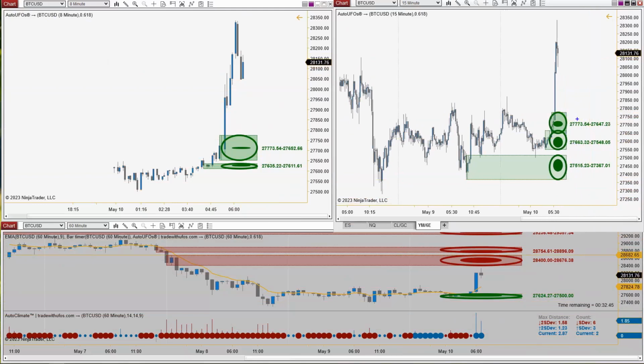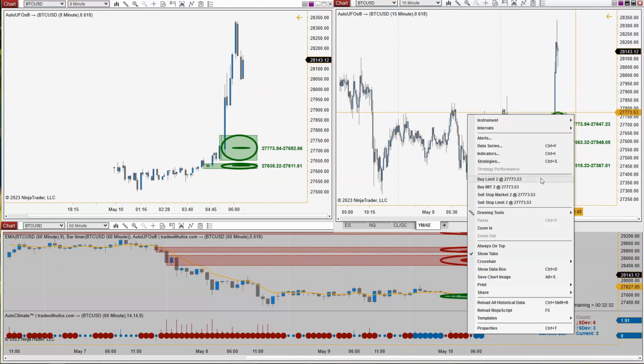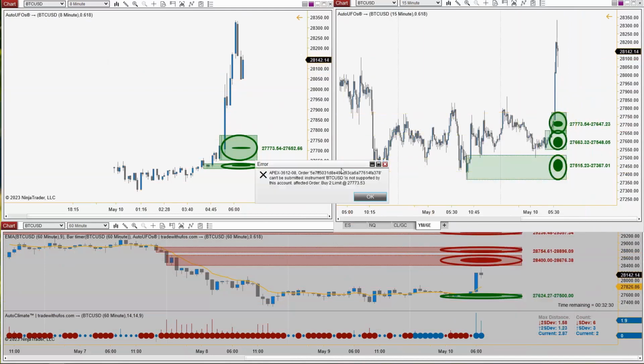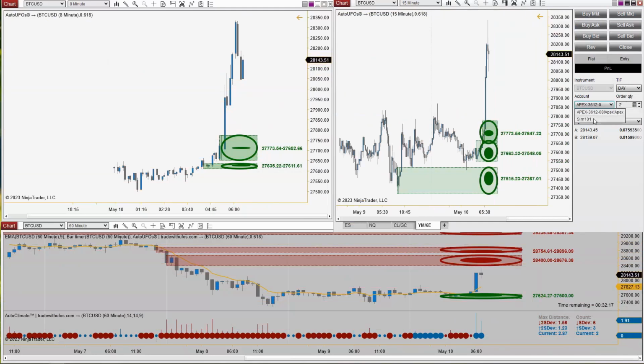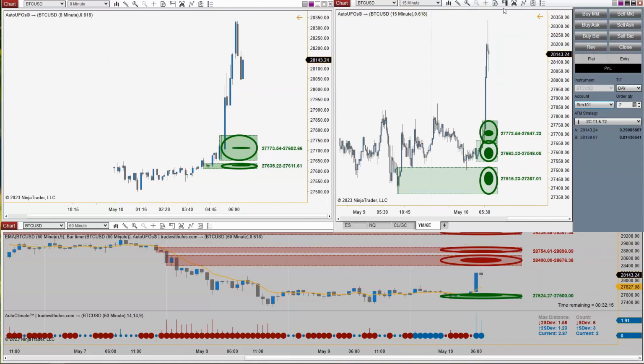So what we would do is we would actually put in a trade right here at the top of this UFO. We could plan this trade, but I don't think it's going to let me execute. Yeah, I'll have to change it to the SIM account because again, I don't have it connected to that. So we'll go like that.